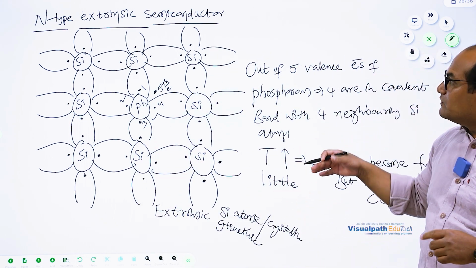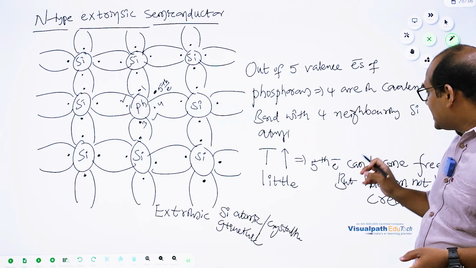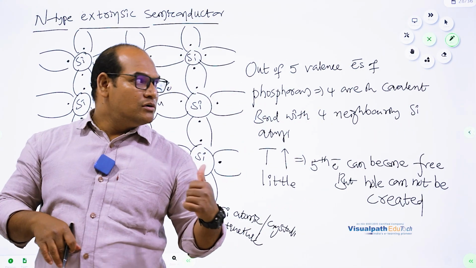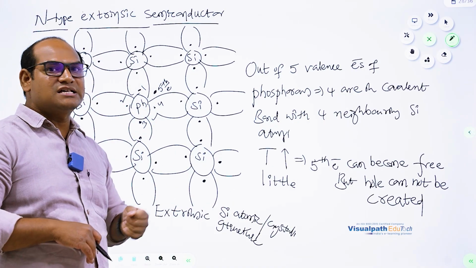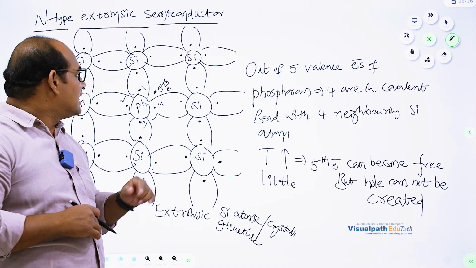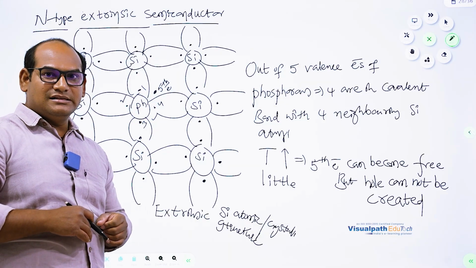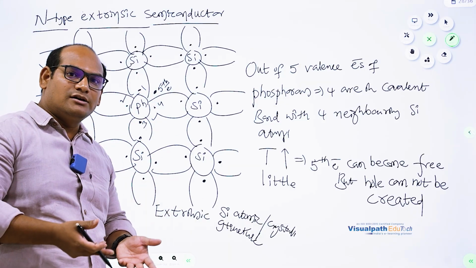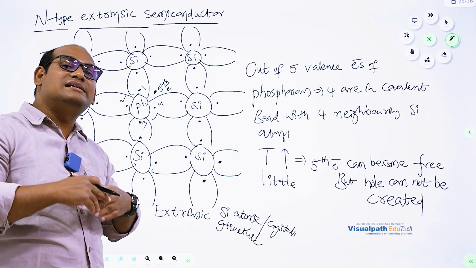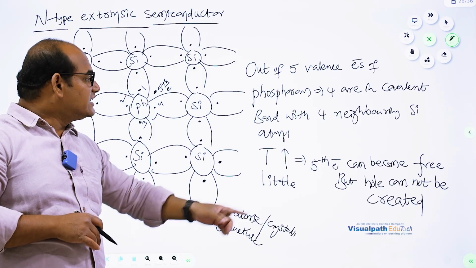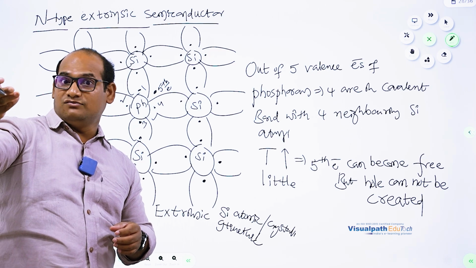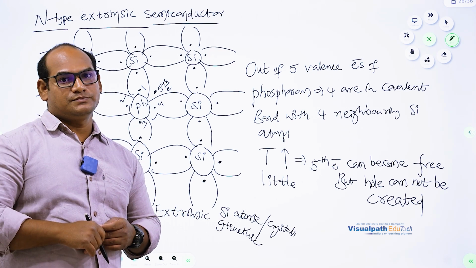But here, without creation of a hole, one free electron is already created. Here I have discussed only one phosphorus atom. If I add 10 phosphorus atoms, then 10 fifth electrons will be there, loosely bound. Those can easily become free electrons with a little application of temperature. So 10 free electrons are generated without creation of a single hole.